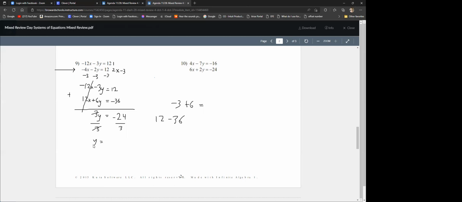Make sure the sign is right and the number's right. Negative 8. Okay, so now what do we do with this negative 8? You put it into the second equation. Sub into 2. Tell me what to write.